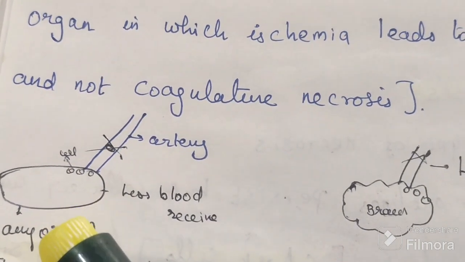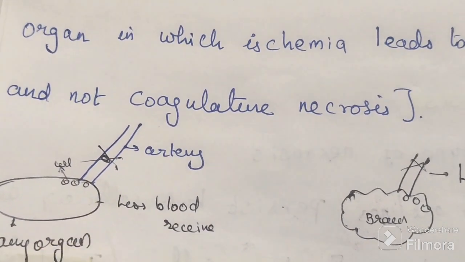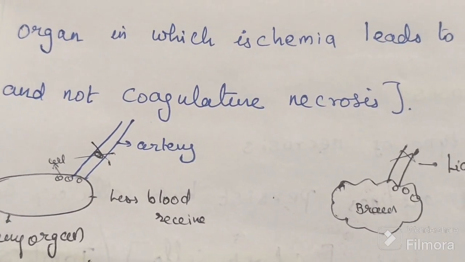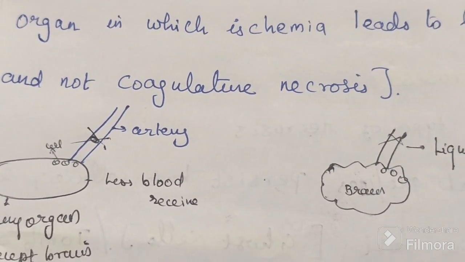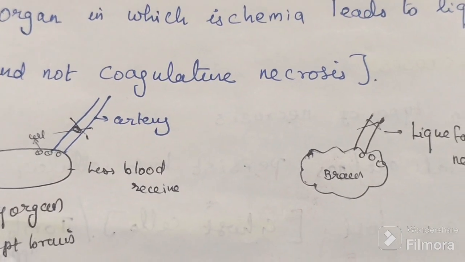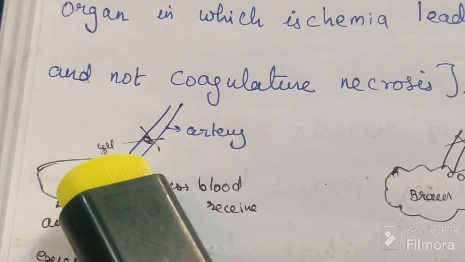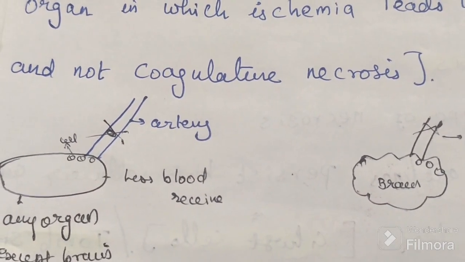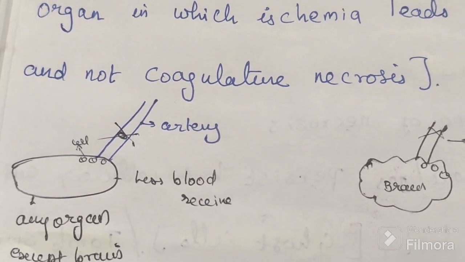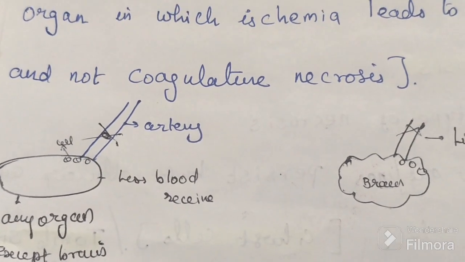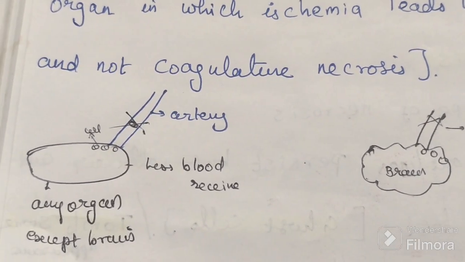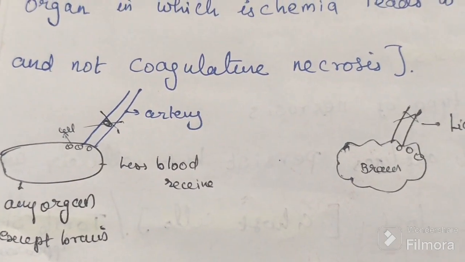With ischemia and obstruction, the organ receives less blood and the cells of the organ will die. The cells die because of less blood supply, so they die by coagulative necrosis. Because of less blood supply, organs will die except brain.